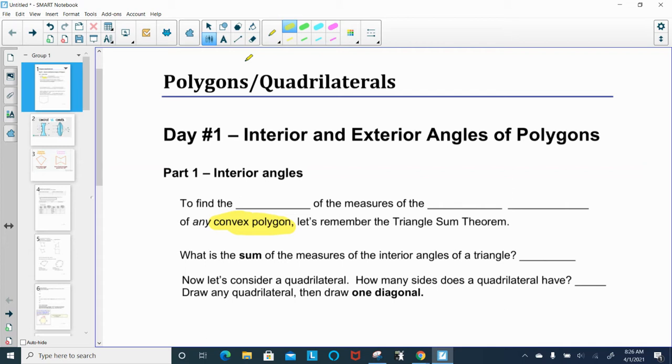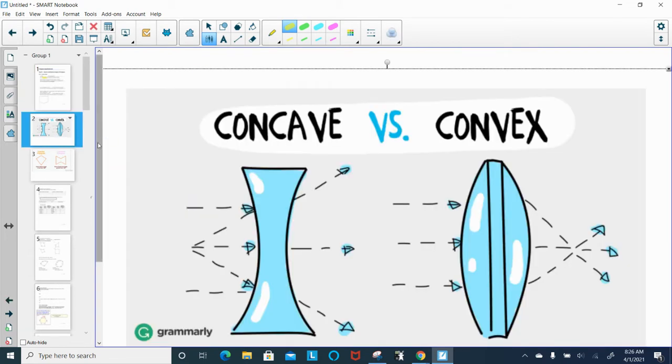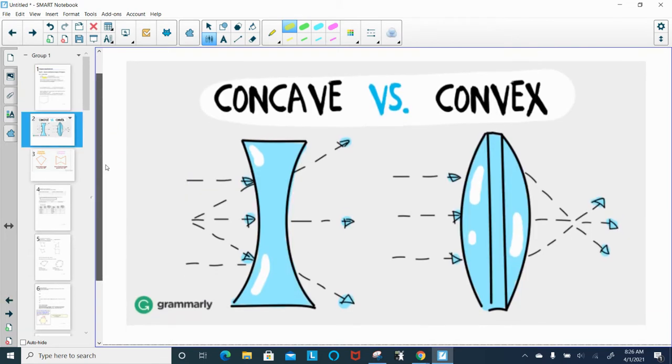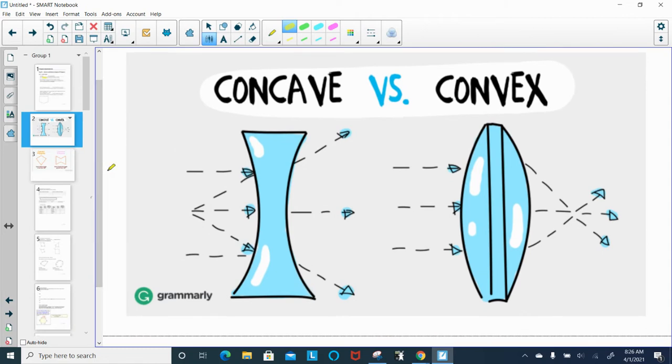And this is where Ms. Valverde can help with the Spanish translation if you need her to. But I think the pictures will take care of it. Okay, so just in a general sense, when you have a concave picture or object versus a convex object, the concave object will curve inward, like this one is doing.